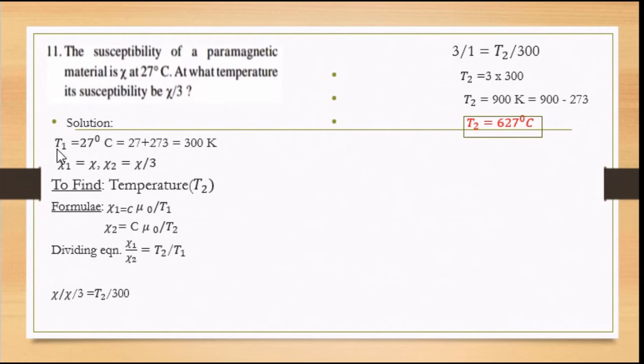So our T1 is 300 Kelvin. When the temperature is 300 Kelvin, the susceptibility corresponding to it is xi. Now you have to find the temperature T2 when its susceptibility is xi by 3.